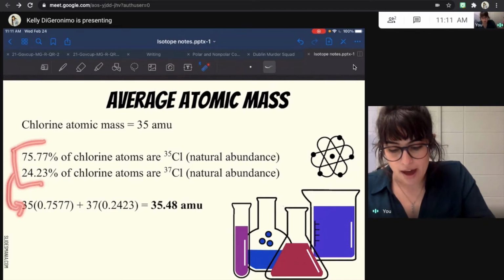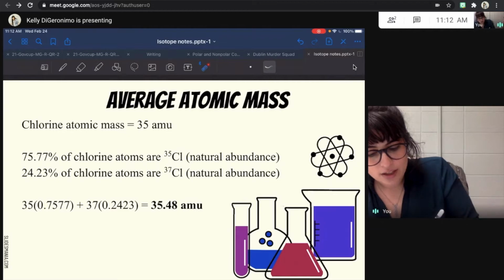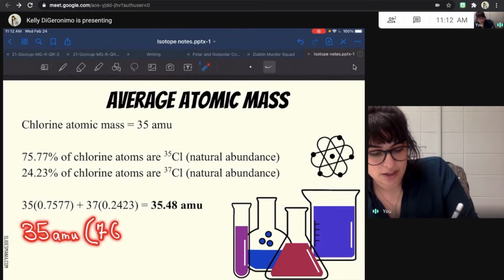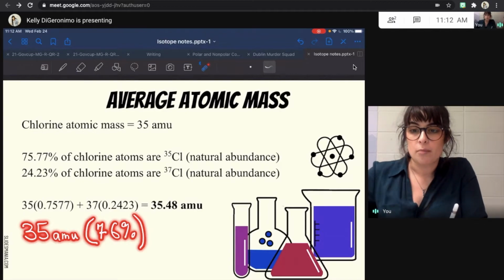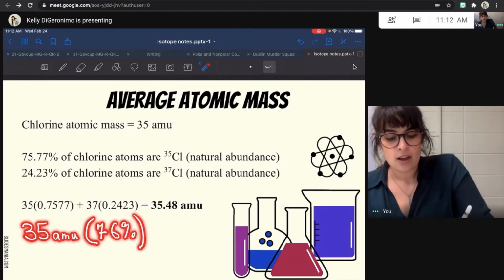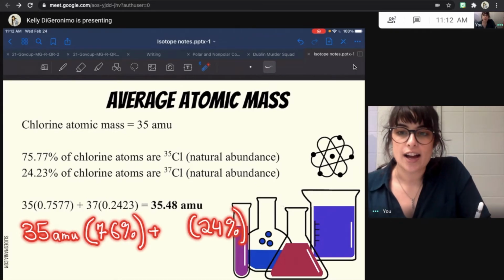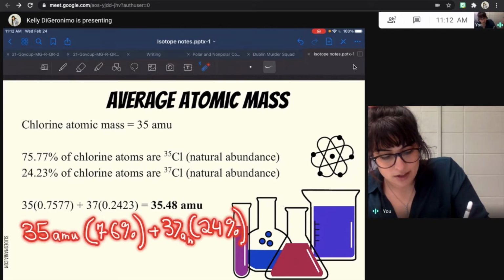So when we do this math, what we are saying is that the mass of 35 AMUs occurs about 76% of the time. So 76% of our number is going to come from that version of chlorine. Where does the other 24% come from? That other isotope of chlorine that has a mass of 37 atomic mass units.